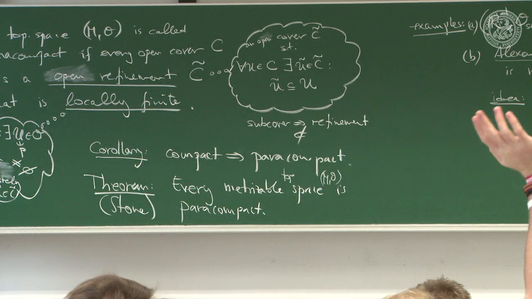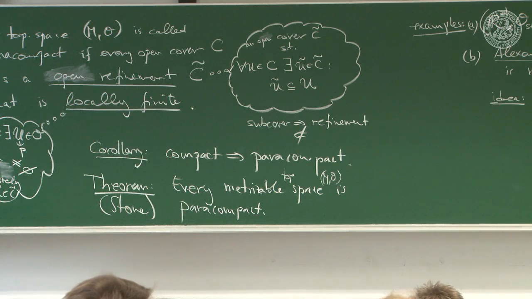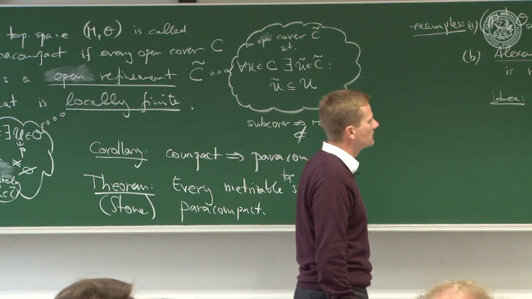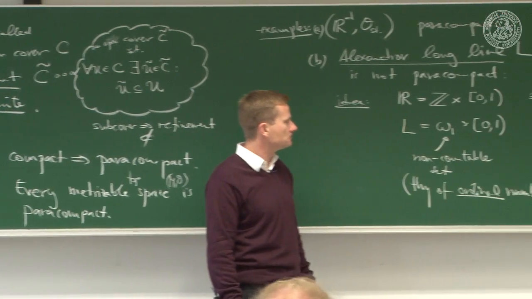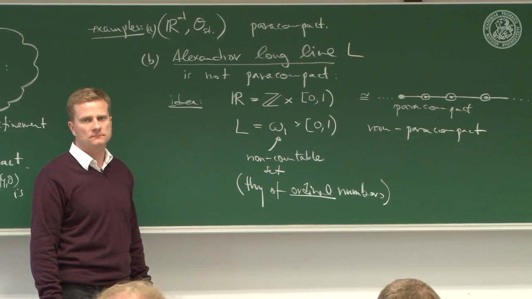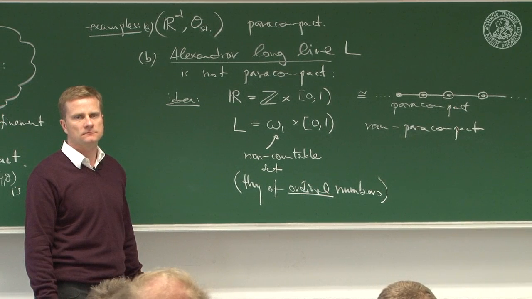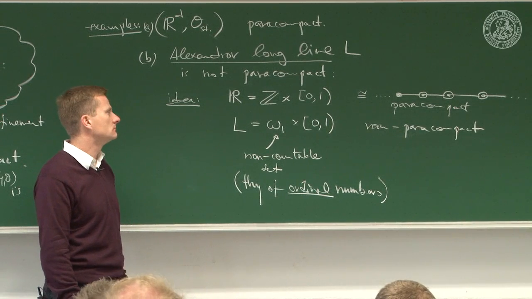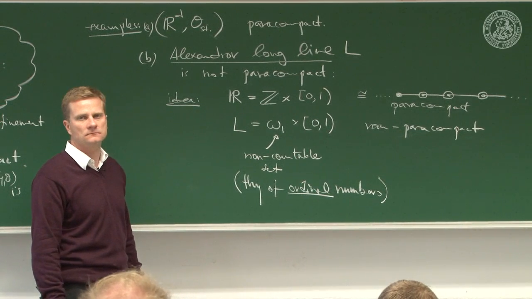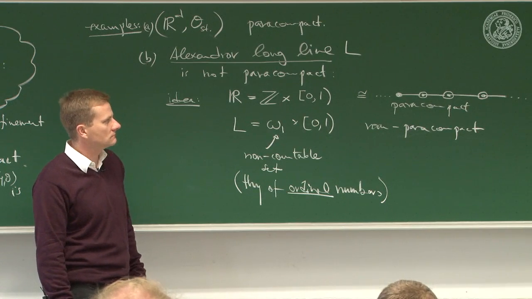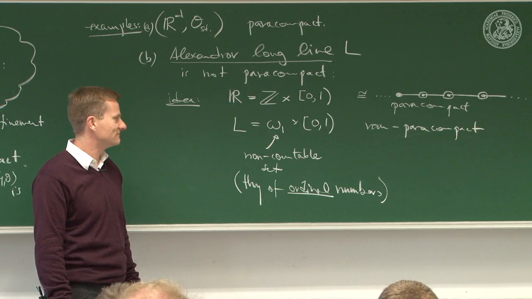Okay, good. Yeah? One question towards the Alexandrov long line. How can I really imagine that? Because you just said, for a paracompact line, you can imagine stacking ruler on ruler, an infinite amount of rulers along the line. But how can I imagine this Alexandrov long line? Well, is it like a set of infinite amount of points?